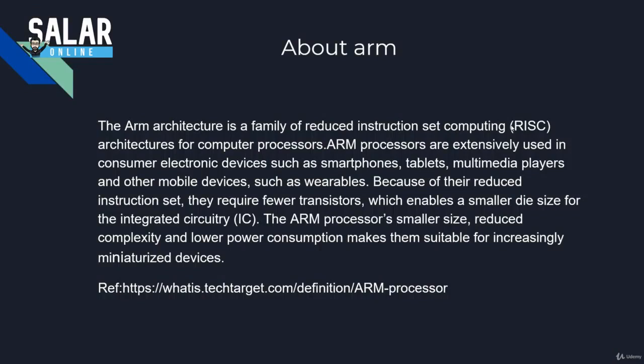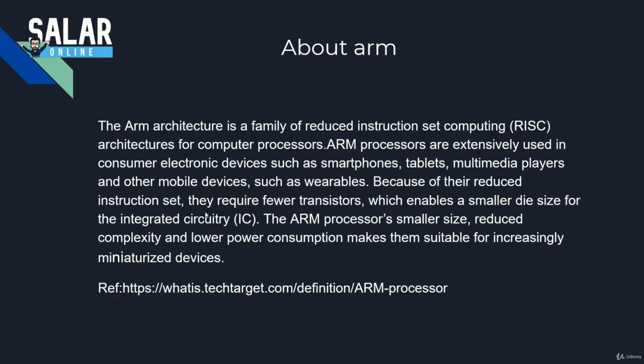So what is ARM? ARM, which stands for Advanced RISC Machines, is a family of reduced instruction set computing architectures for computer processors. Like Intel x86 or x64, ARM is also an architecture, and it comes under RISC. ARM processors are mainly used in electronic devices which require small amounts of energy.